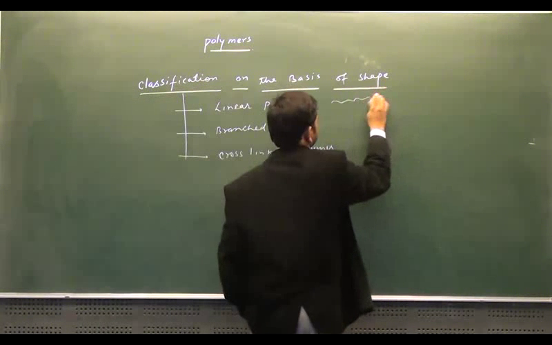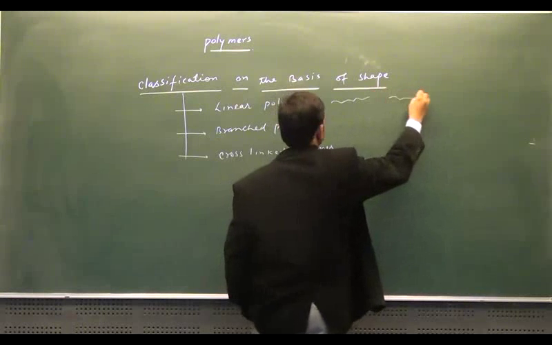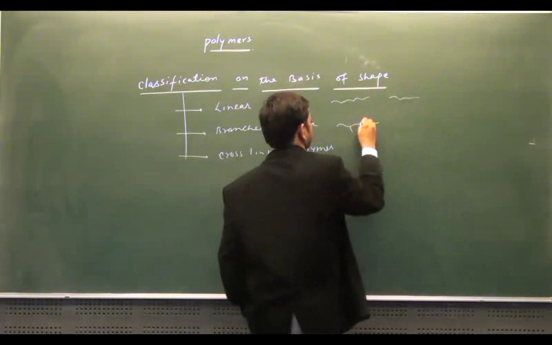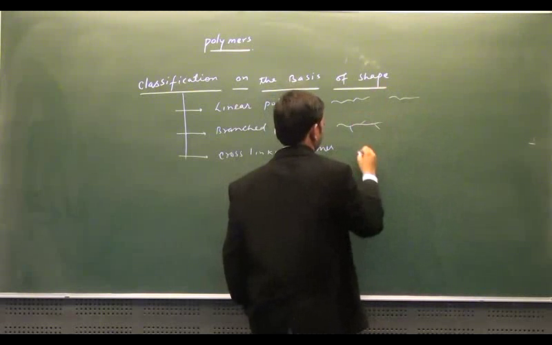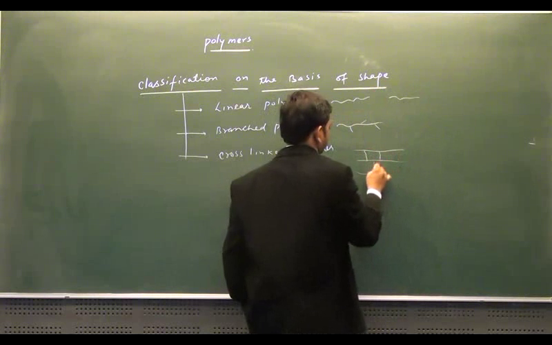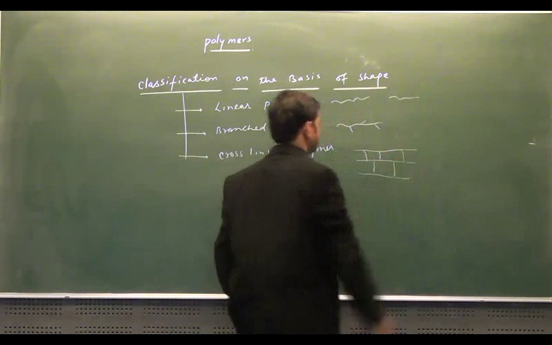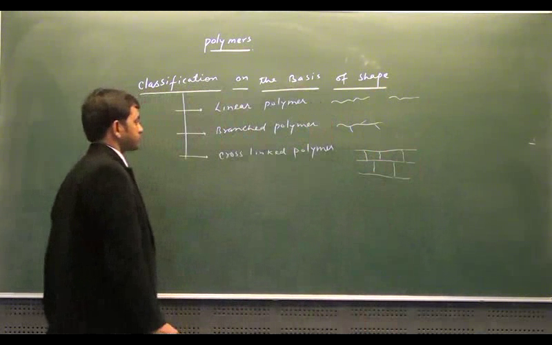Linear, branched: along with the linear chain there is branching in the polymer. Cross-linked: suppose linear chains are there, the linear forms are cross-linked by branching.